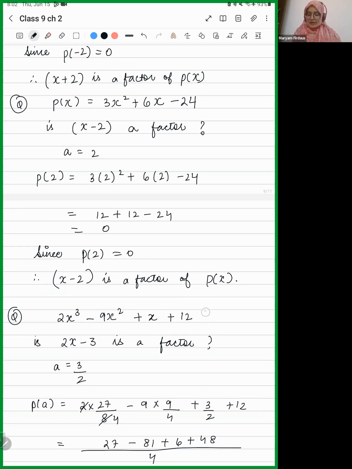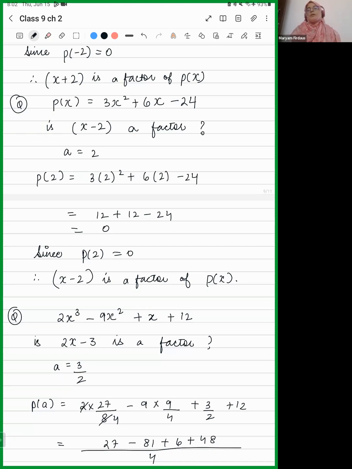So now you try to solve it. I cancelled 2 and 8. The first one became 27 by 4. Then you took the LCM. I multiplied 9 into 9, 81. Ma'am, 81 by 4.